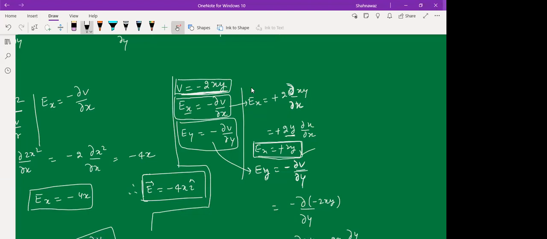If this is not clear, then I will explain it again. Is this clear? Yes, sir. Whenever the form of the potential is given, you can always calculate the electric field. Similarly, whenever the electric field is given, you can always calculate the potential, right? So all these things are related.